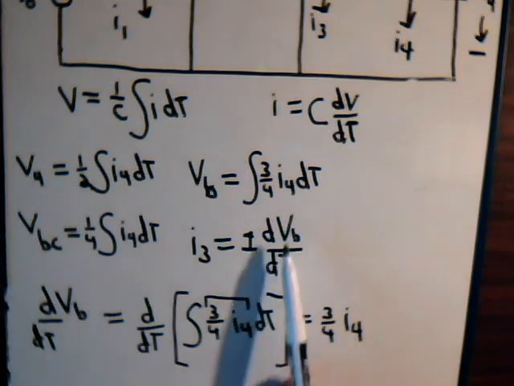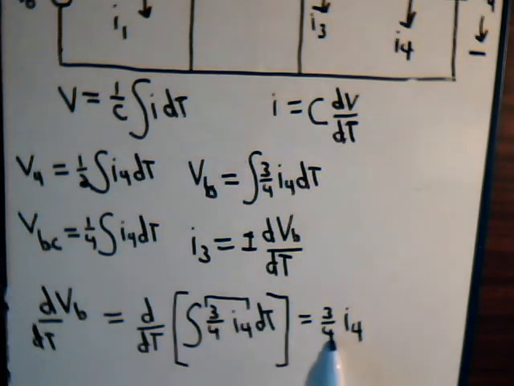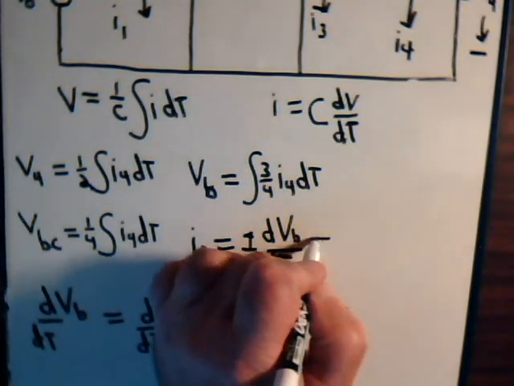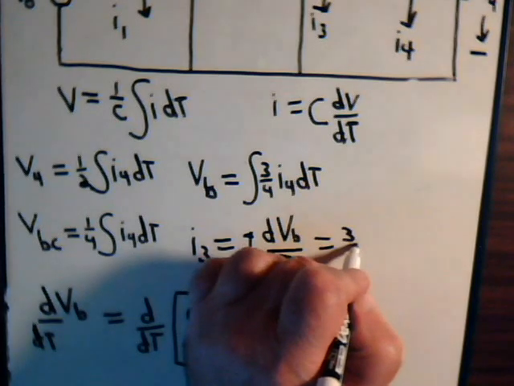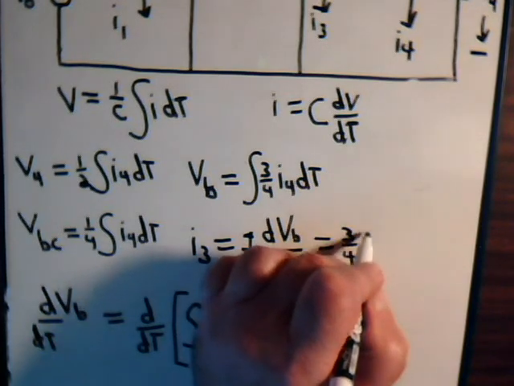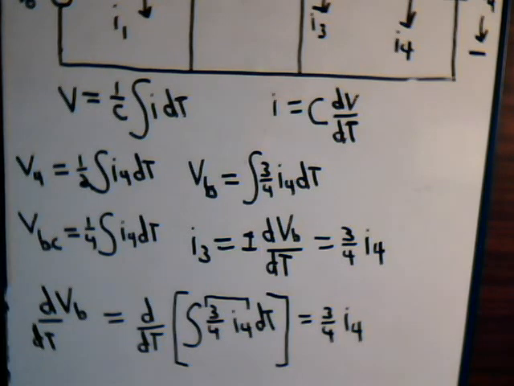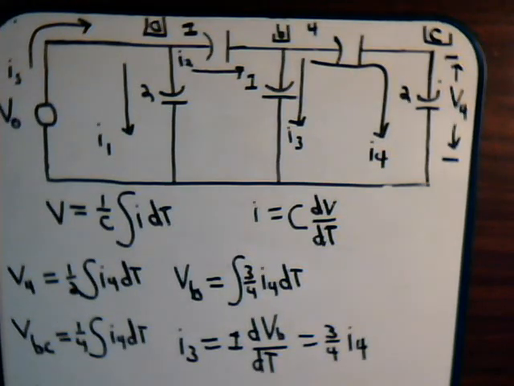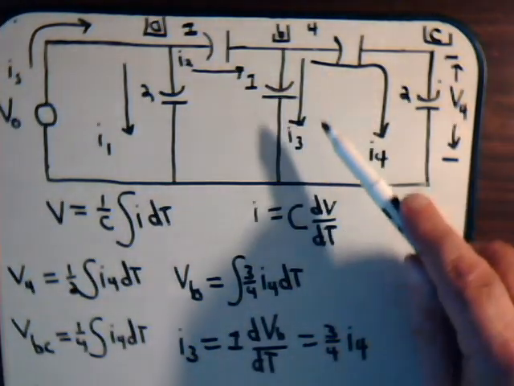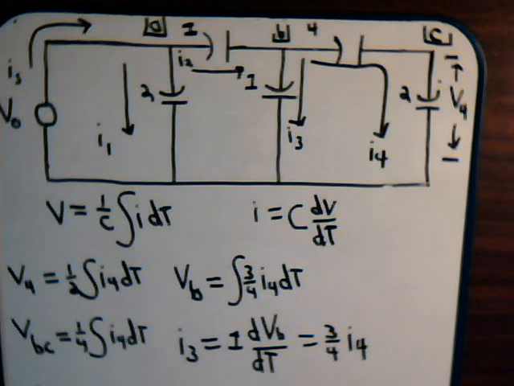It equals 1 times this, and this is this. So I3 equals 3/4 of current I4. So whatever I4 is, this current, I3 is going to be 3/4 its value.